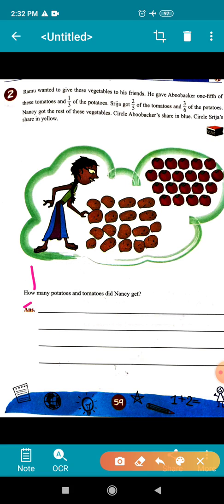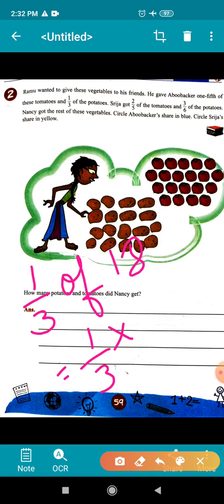So 1/3 of how many potatoes? 18 potatoes are there. When you solve, you will get 6. It means you will remove 6 potatoes from here and color them blue. This is Abu Bakr's share.